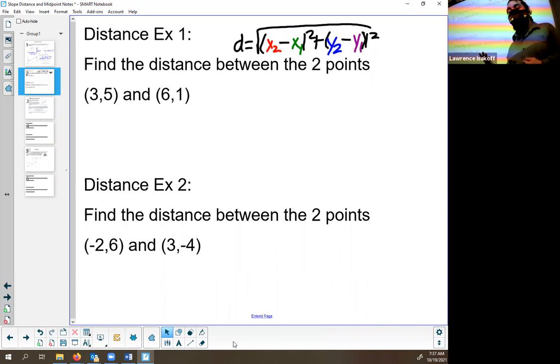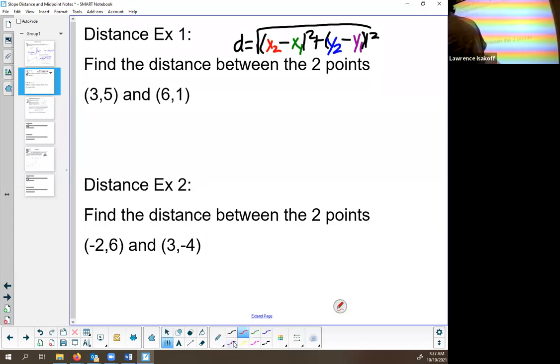Now, I know many of you will probably be able to drop the labels after today. I'm probably going to keep adding them for this week just to drive home that point, but you don't always have to label them if you figured out that's the pattern. So remember, our points always go X, Y. So I'm going to call the first point X1, Y1, X2.